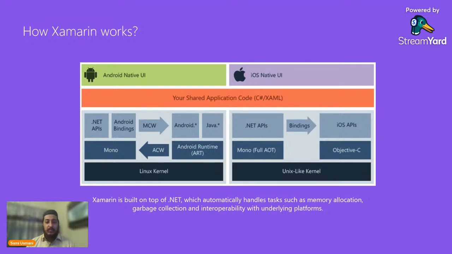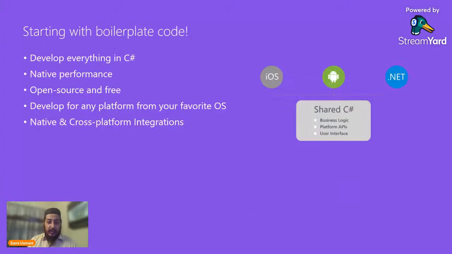We have the base level kernel, the operating system, and then we have the Mono platform, the Mono framework, which is the backbone of Xamarin. Then the Mono framework translates all the code we have written in Xamarin Forms to our respective Android and iOS application, and then it runs on the platform, either Android or iOS.